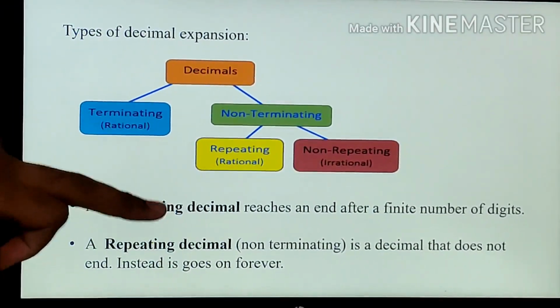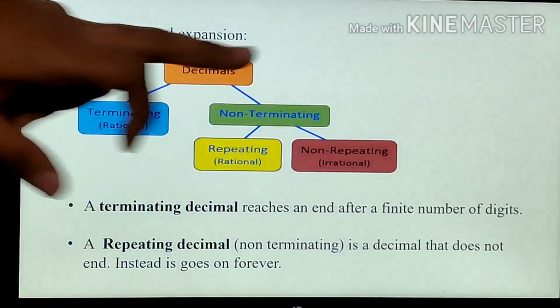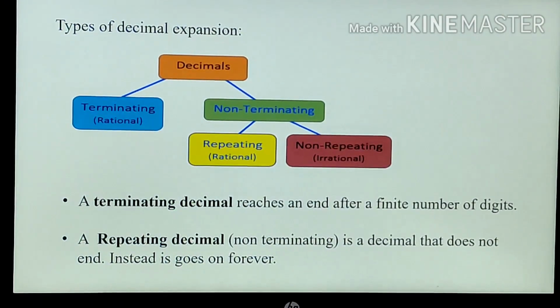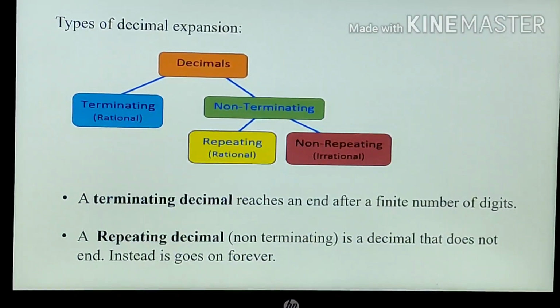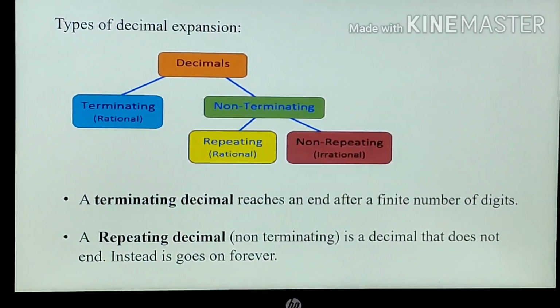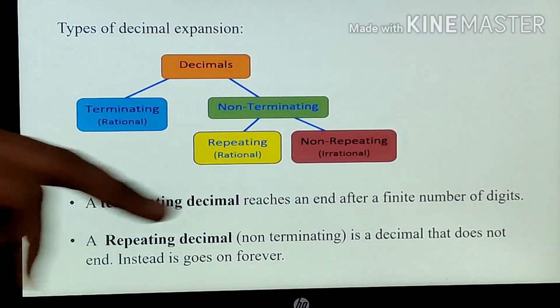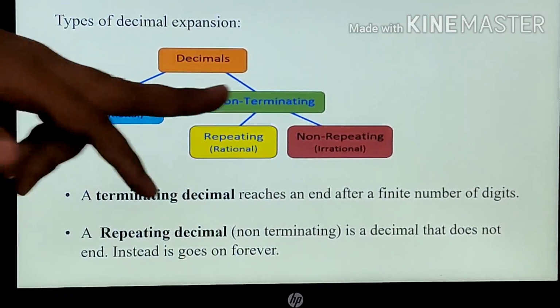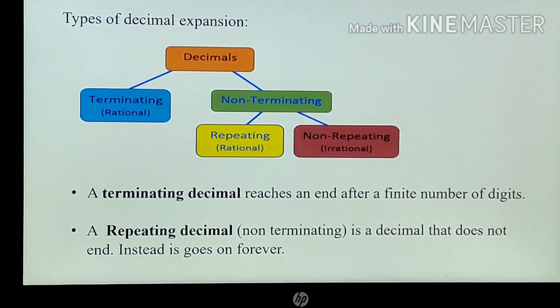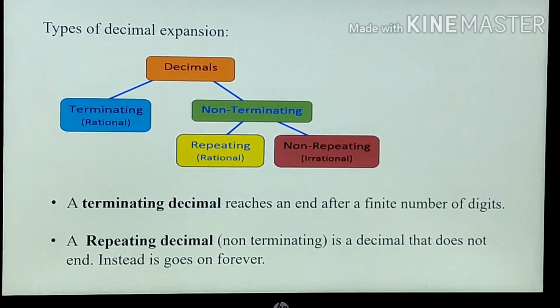Next, non-terminating means which never ends. Its name only suggests it. A non-terminating decimal expansion is a decimal that does not end, instead it goes on forever.